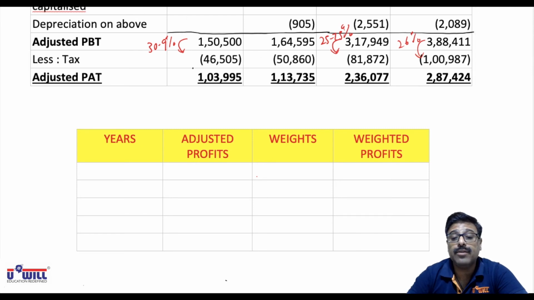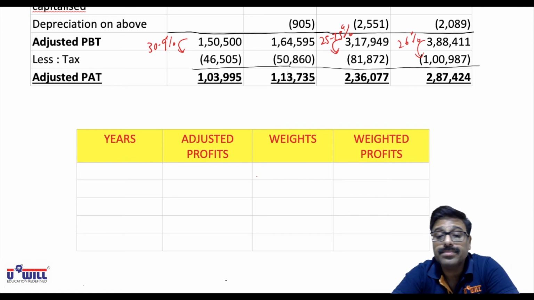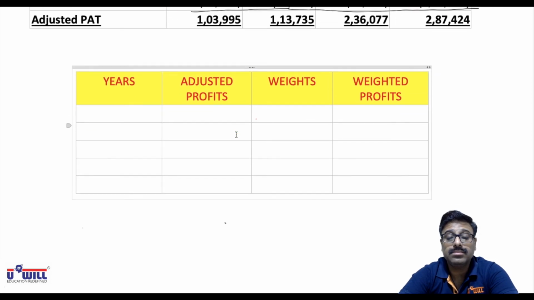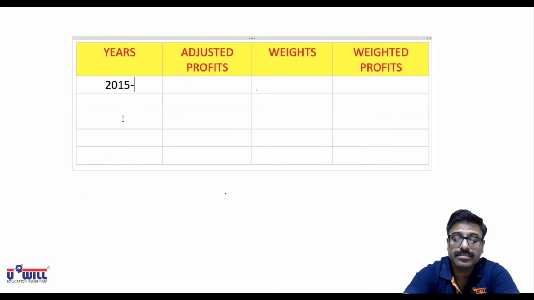Now using that we have to find weighted average profits. So all of you make this table for weighted average profits now. Pause the video and make this table. I hope you all have done it. First you write the years 15 to 16, 16 to 17, 17 to 18, 18 to 19.